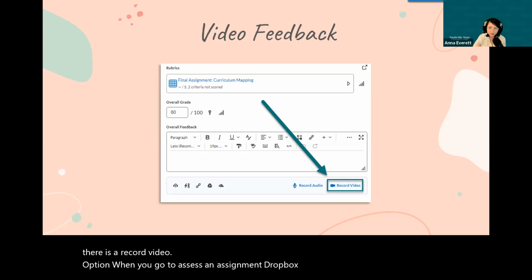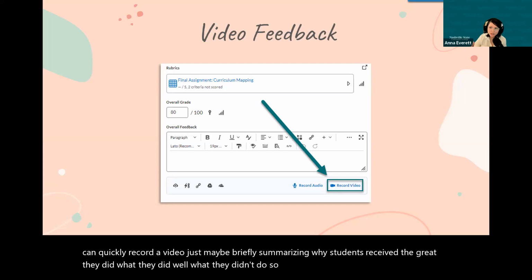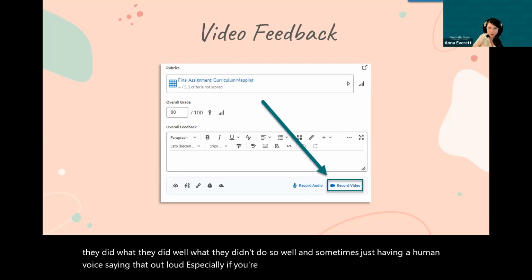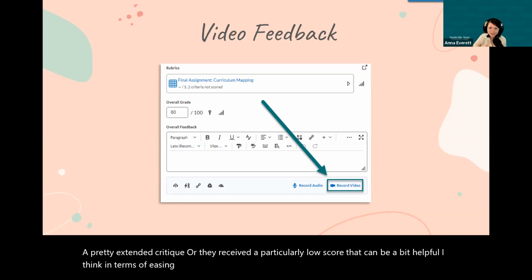Just click on that and you can quickly record a video, briefly summarizing why students received the grade they did, what they did well, what they didn't do so well. Sometimes just having a human voice saying that out loud, especially if you're delivering a pretty extended critique or if they received a particularly low score, can be helpful in easing students' anxiety about assignments and about why they received the score they did.